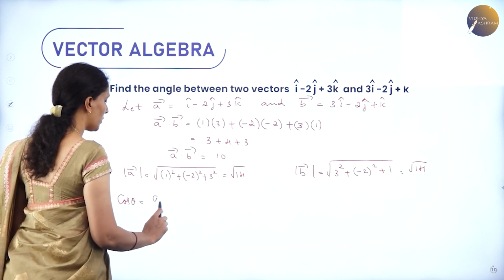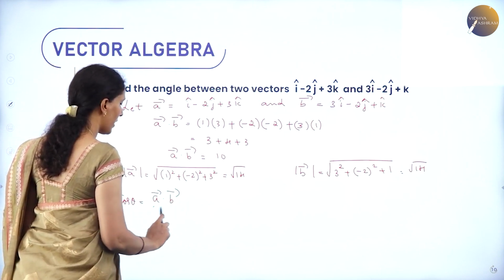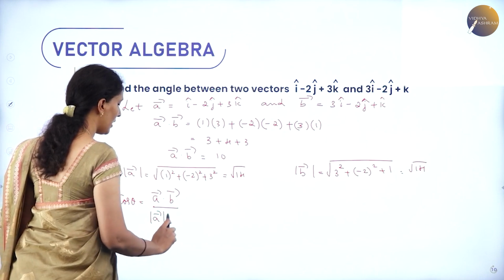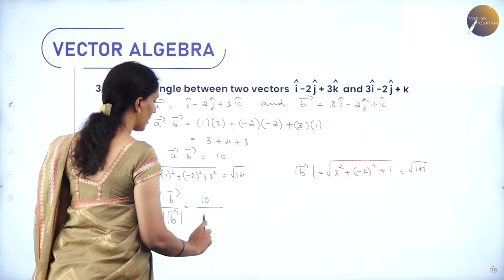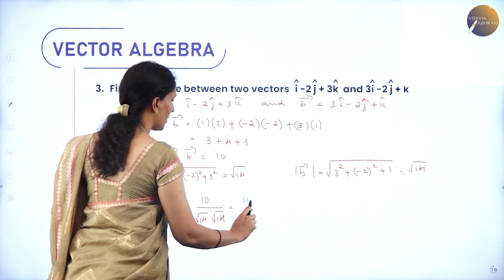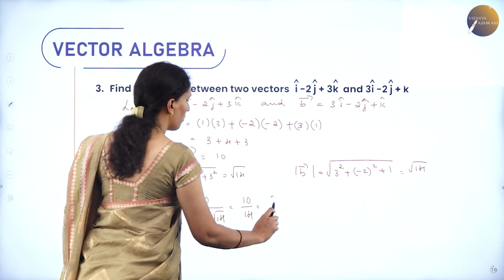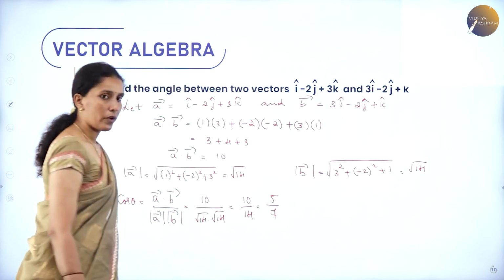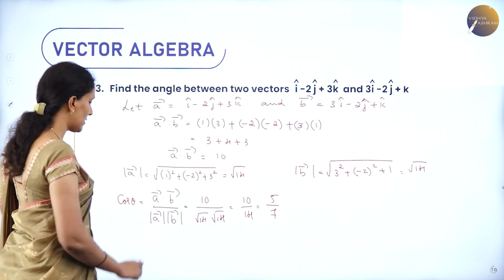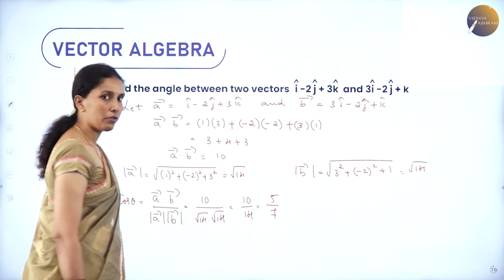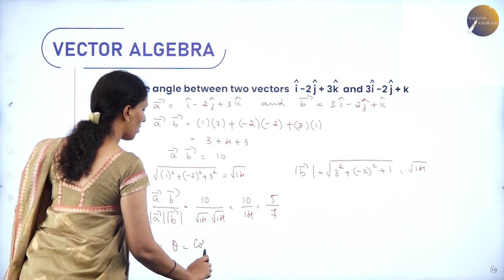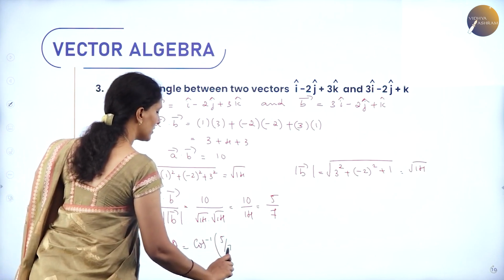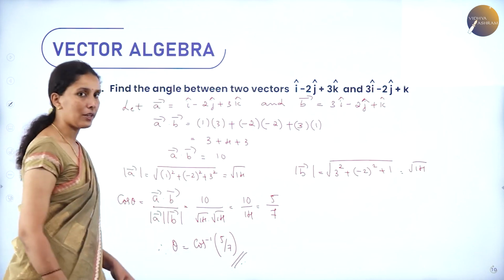Cos theta is equal to A dot B divided by magnitude of A times magnitude of B, which is 10 divided by root 14 into root 14, which is 10 by 14, or 5 by 7 when you simplify it. We have cos theta equal to 5 by 7. Therefore, theta is equal to cos inverse of 5 by 7.